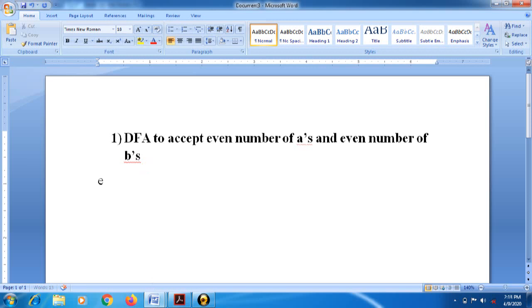So whenever we are considering even numbers, it requires two states. So for the first category, that is an even number of A's, we require two states, and for an even number of B's, again we will require two states. So first we will consider an even number of A's.